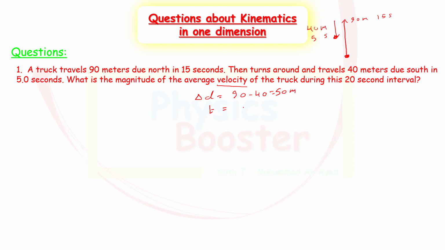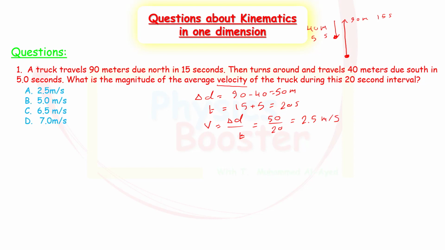Well, the time is the total time, which is 15 plus 5, which is equal to 20 seconds. So V is equal to delta D divided by T, which is equal to 50 divided by 20, which is equal to 2.5 meters per second. Let's see our choices. 2.5, 5, 6.5, and 7. And it's clear that the answer here is A.